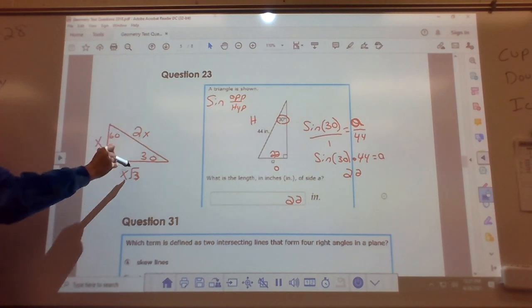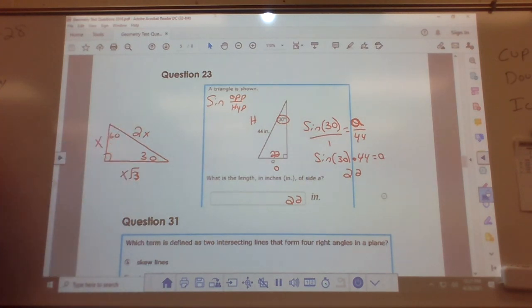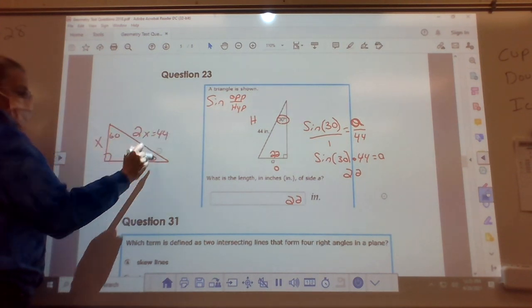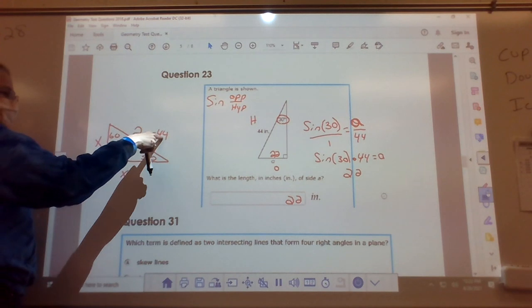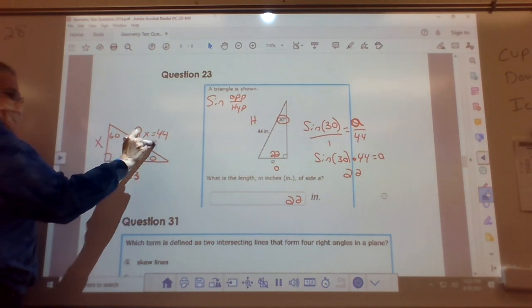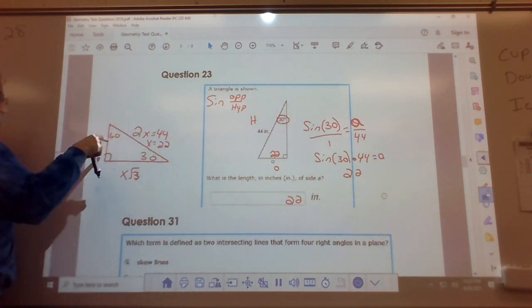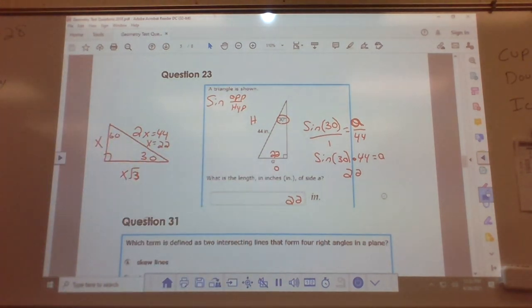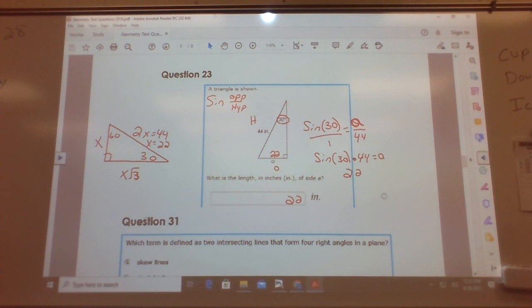The x, the 2x, or the x square root of 3? The 2x. 2 times something equals 44, so x must be 22. The 22 is the shortest side. It's actually easier if you remember to use your special right triangles. But you can do it either way. Trig or special right, doesn't matter.